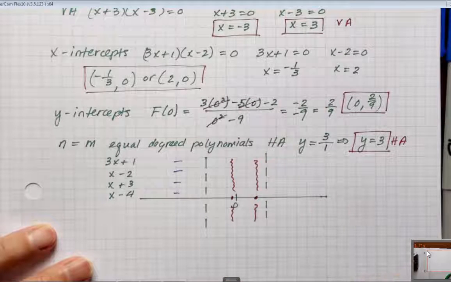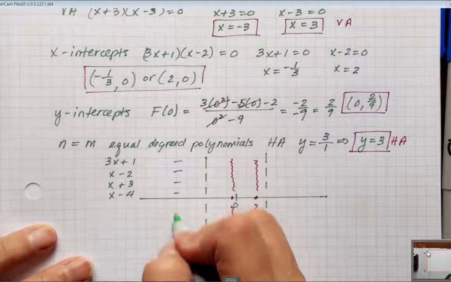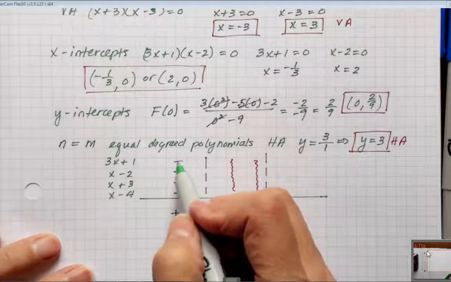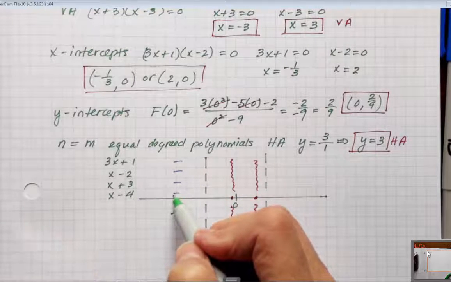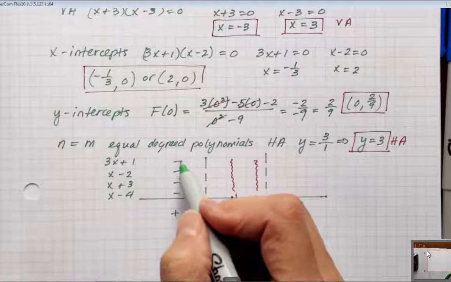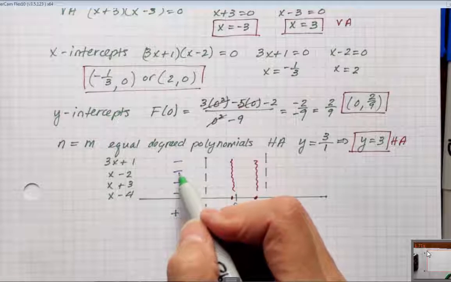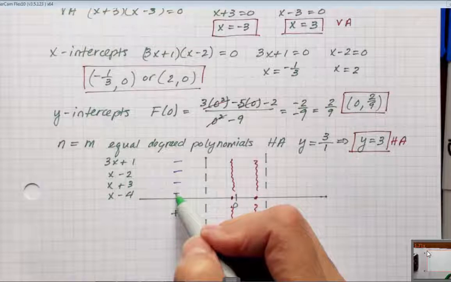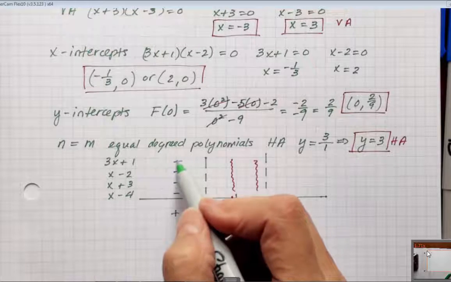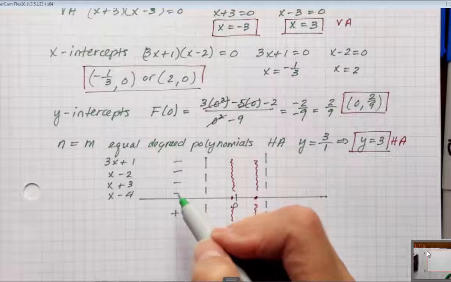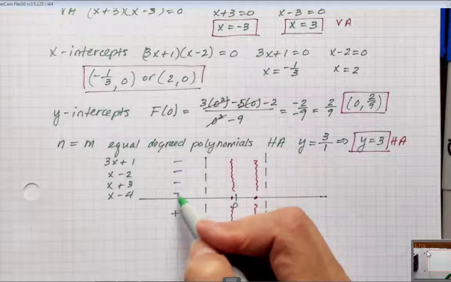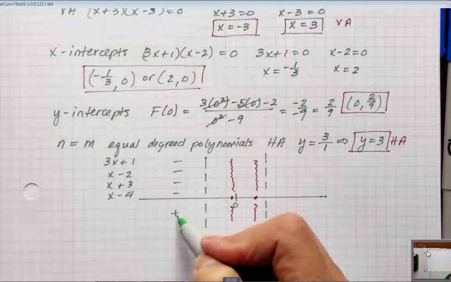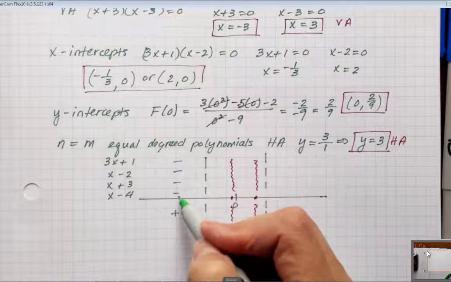Overall, the entire function is going to be positive. You could use division too; it doesn't really matter. In essence, we have a positive divided by a positive. But I really just count the number of negatives. If it's an even number of negatives, it ends up being positive. If it's an odd number of negatives, then I end up with a negative.